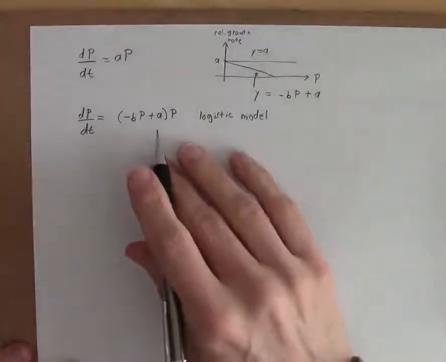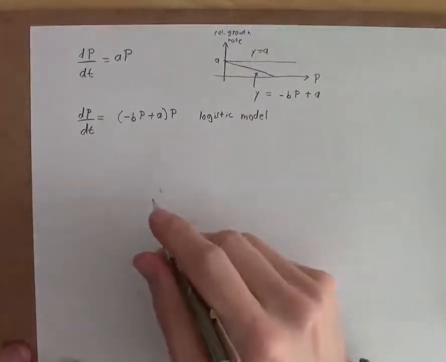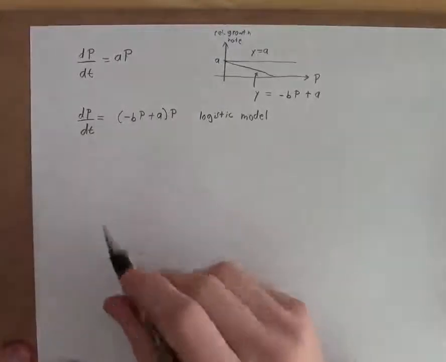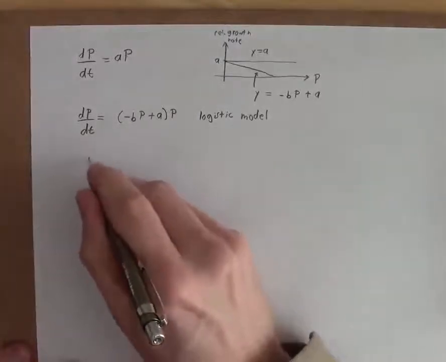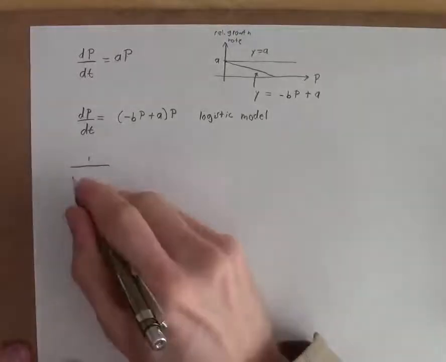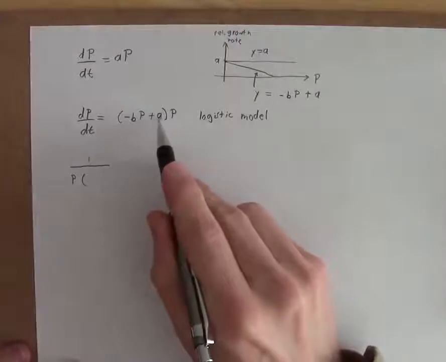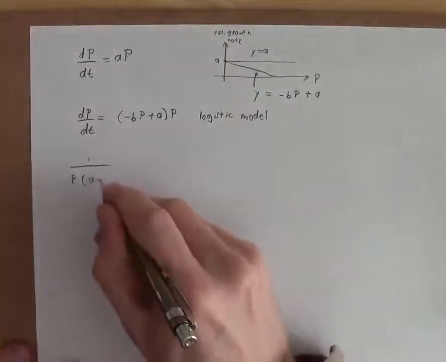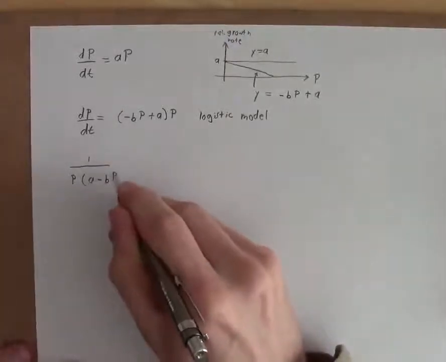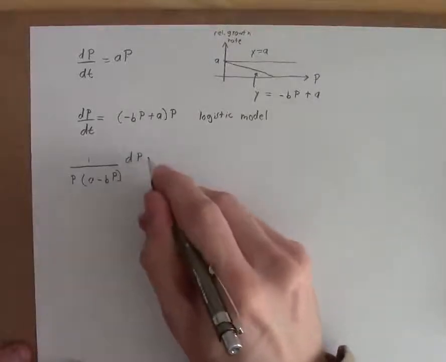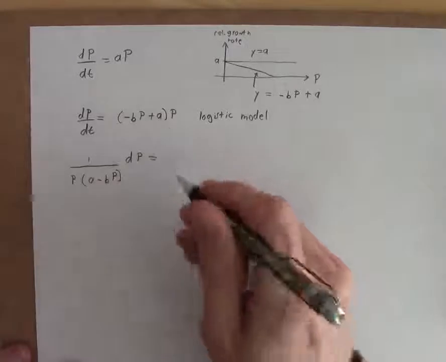We can solve this by separating the variables, and that means dividing to get all these P's on the other side. So we'd have 1 over that P there, and I'm going to go ahead and switch those around. So this is going to be 1 over P times (A minus BP) times dP, and then move the dt over to the right side.